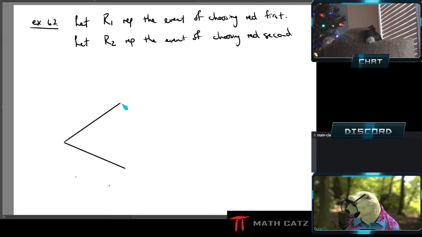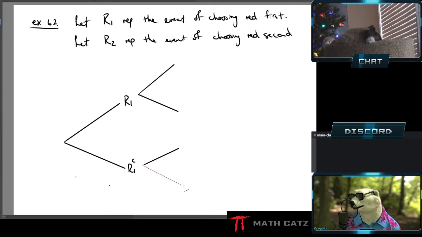First, I'm going to be choosing either red for my first selection or not red because I only have two options. One's the complement of the other one. Then I have a second selection following that, split like this, which will then be either I select red second or I don't.